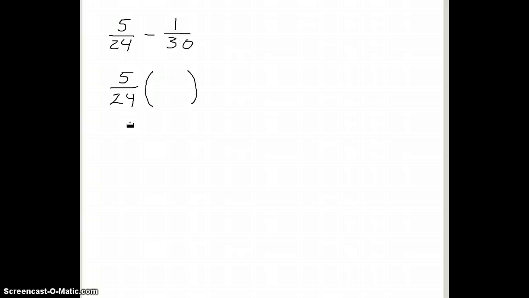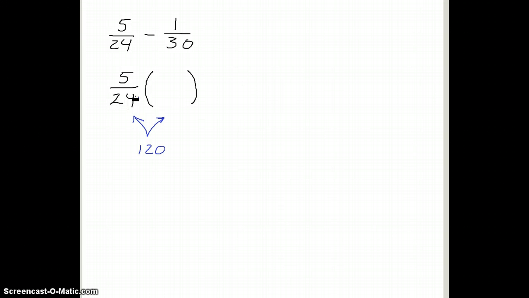So I have 5 over 24 minus 1 over 30. I'm going to rewrite that as 5 over 24 times the number 1. Remember, I want this denominator to be 120. So I need two numbers that multiply to 120.